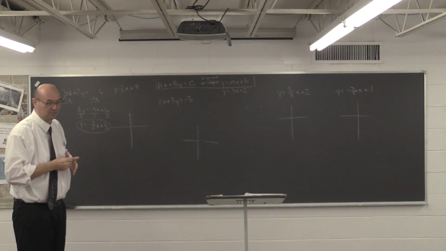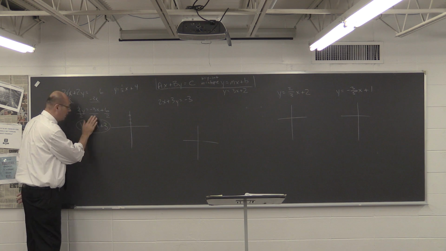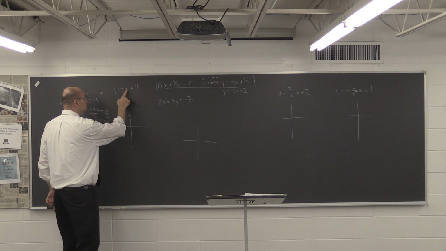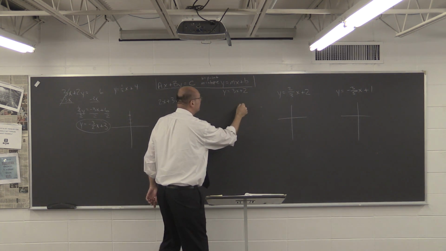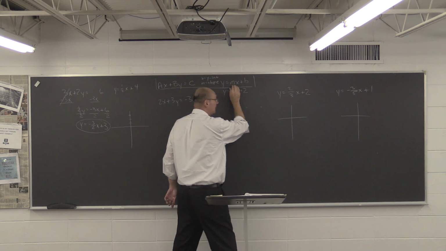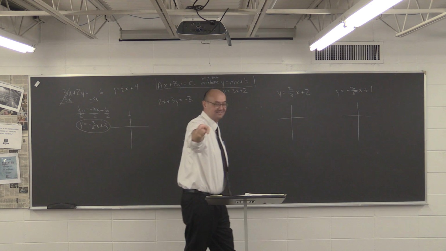It's automatic. You know why? Because if I let X equal 0, what does Y equal? 3. If I let X equal 0, what's Y? 4. If I let X equal 0, what's Y? 2. Excellent.